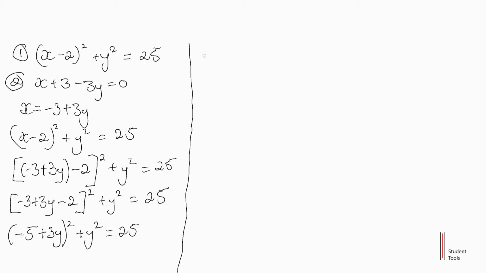So we have (−5 + 3y)², which means we'll have two brackets: (−5 + 3y)(−5 + 3y), plus y² equal to 25.